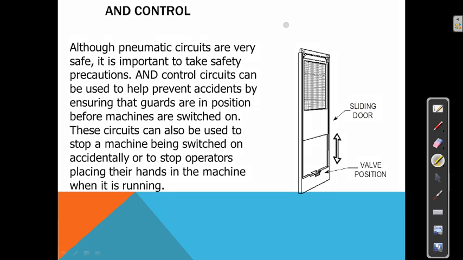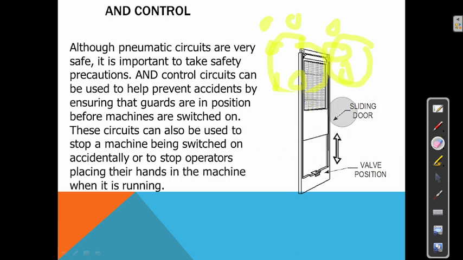As you know already, if the input is 0, 0, the output is 0; 0, 1, the output is 0; 1, 0, the output is 0; 1, 1 only, the output is 1. If both inputs are 0, the output will be 0. If any one of the inputs is high, the output is low. If both inputs are high, only then the output will be high.